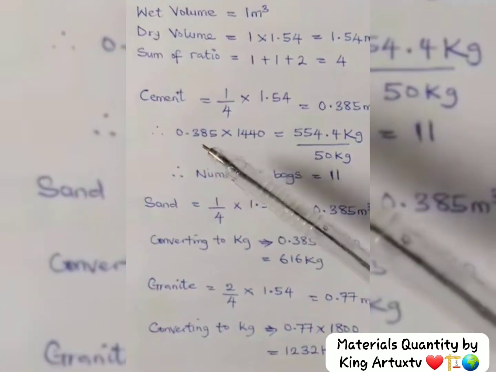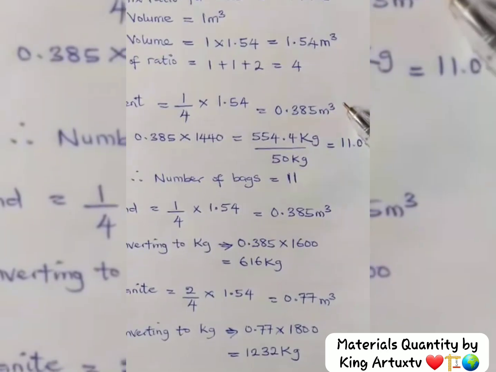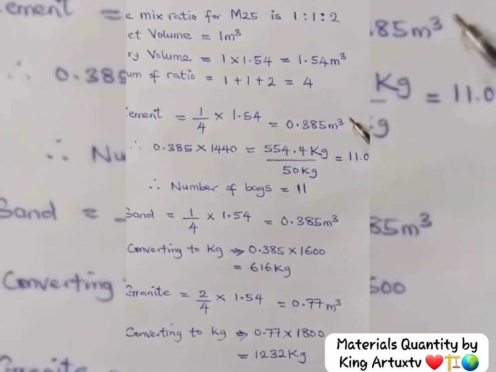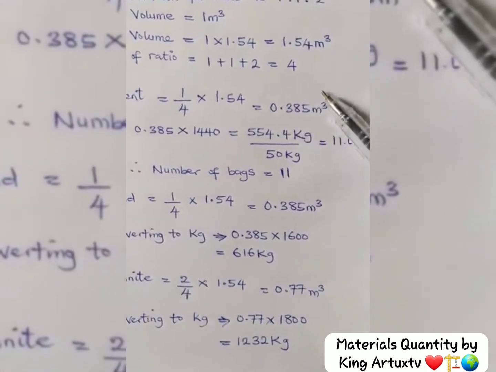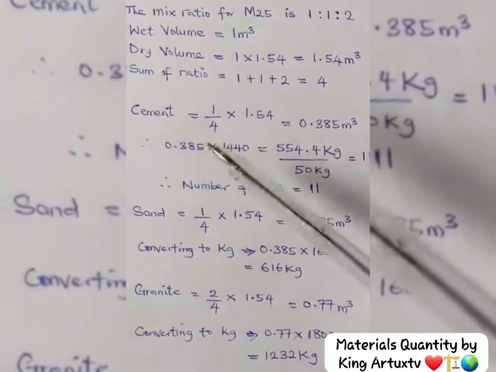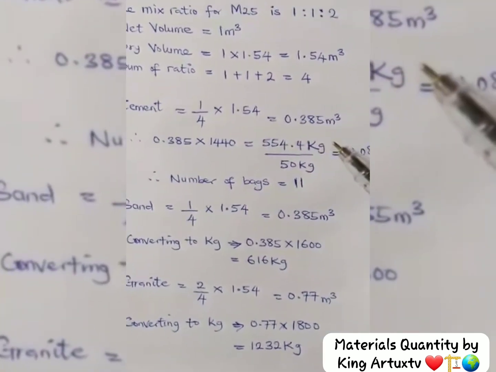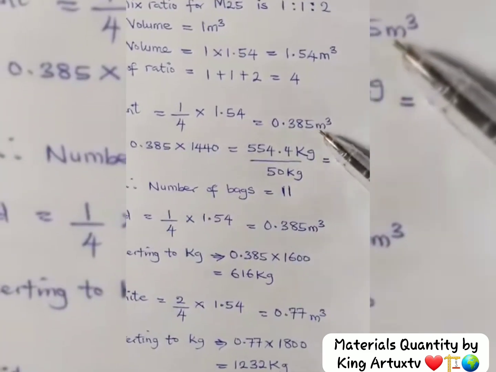This is in volume. So if you're doing your batching, the proportioning of this material, by volume, all you need to do is use this volume for your cement. But if you're doing it by weight, it is measured in kg, so you have to convert this to kg.